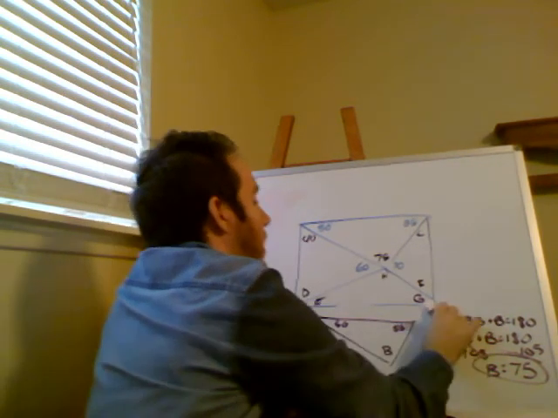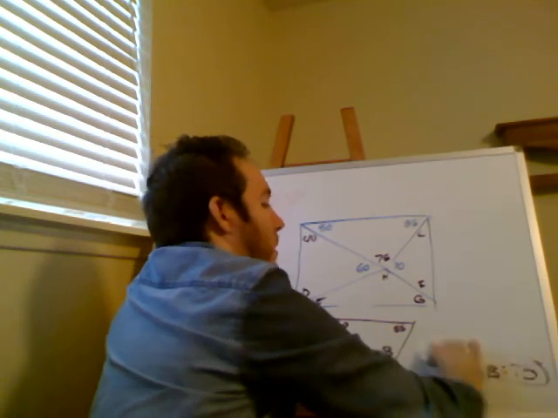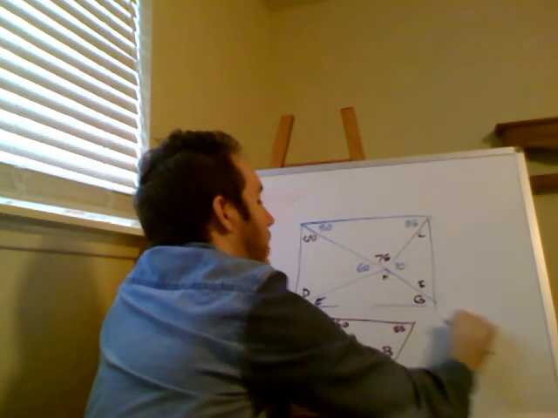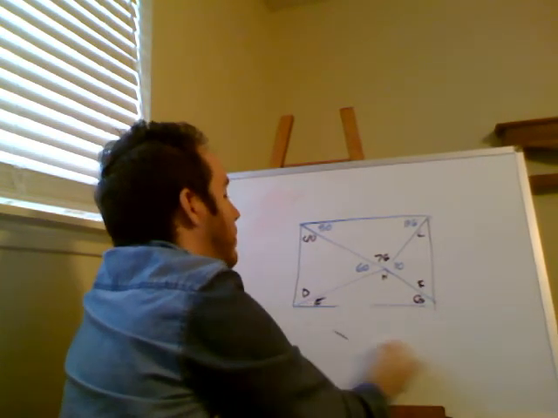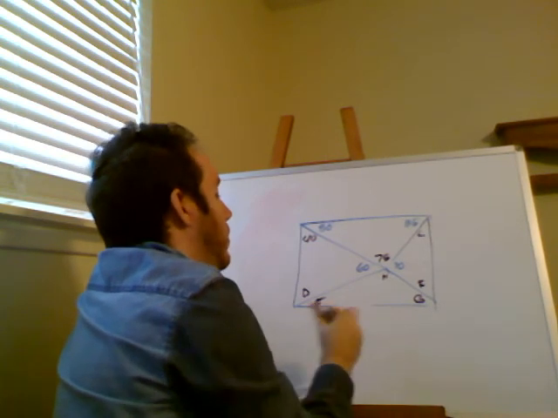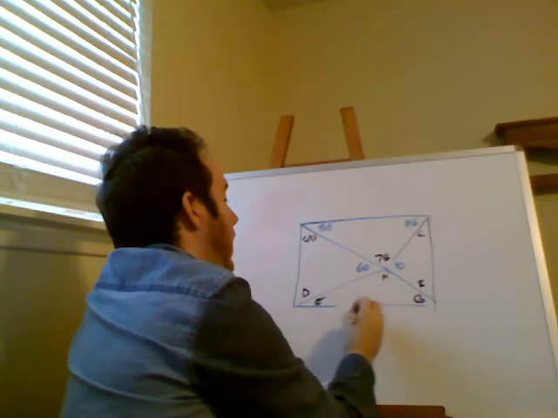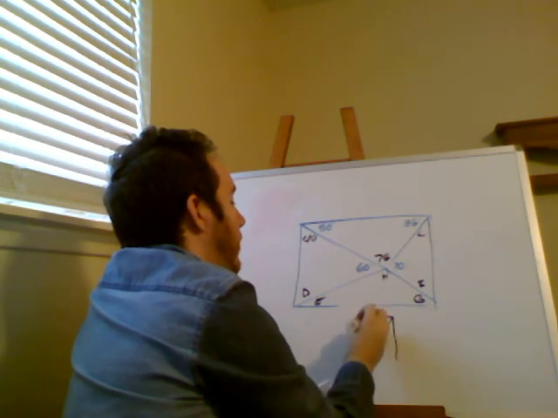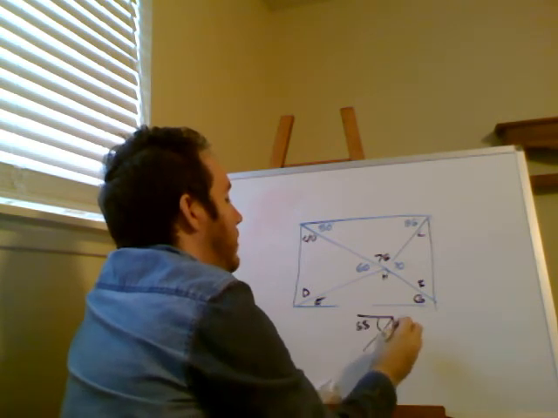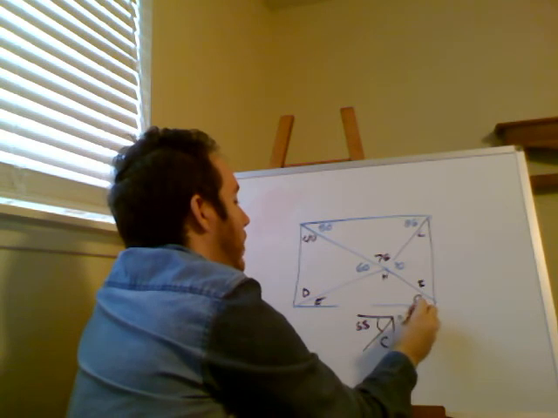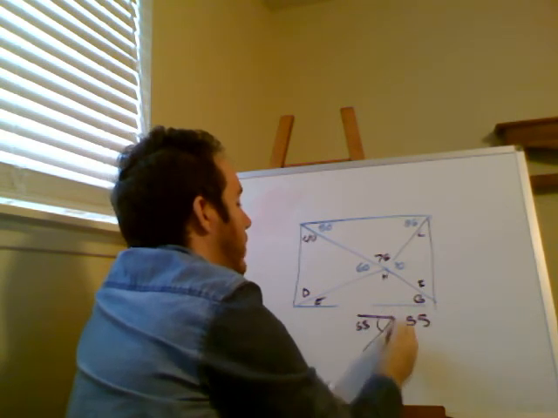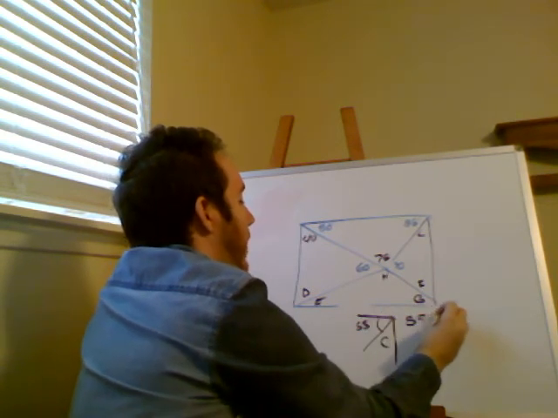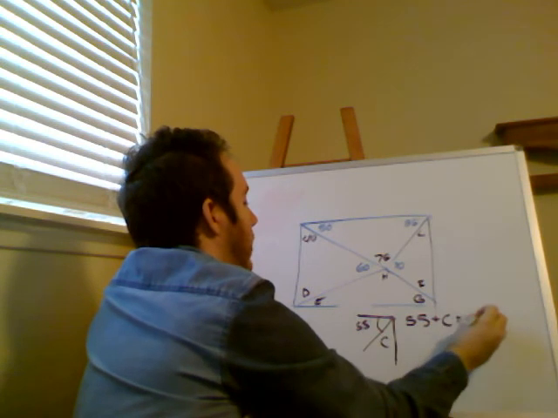Now, C is very similar to A, which is kind of flipped the other direction. But it's the same math. So we know that we have an angle, and part of it is 55 degrees. The other part is C, but we know, because this is a right angle, it's a rectangle, that 55 plus C equals 90.